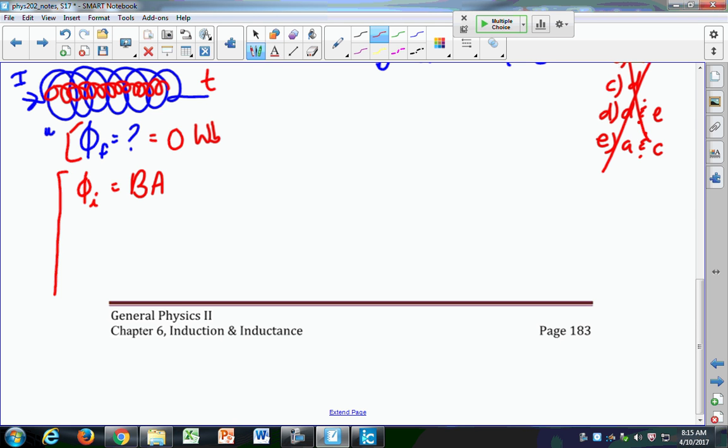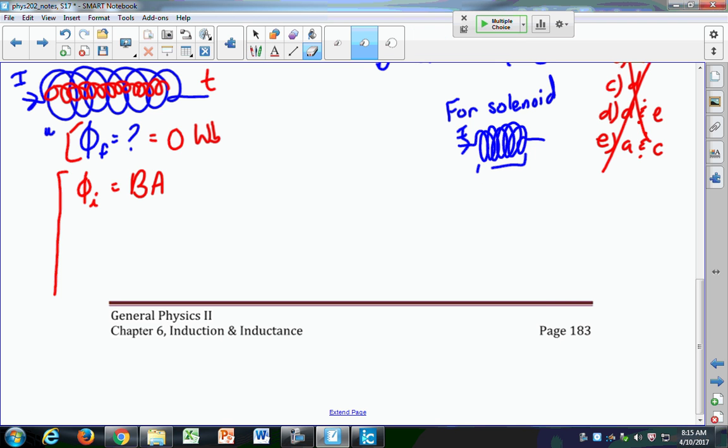And we actually skipped this, so I'm going to step back for just a moment for a solenoid. So a little mini lesson here on a solenoid. I think this is on your equation sheet. But for a solenoid, if I have a current going through it, I have n, not N turns of wire, but n being the number of turns per unit length, little n.